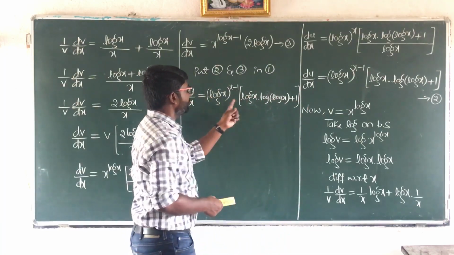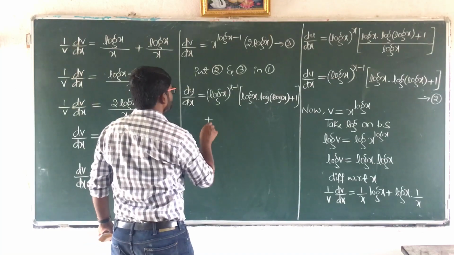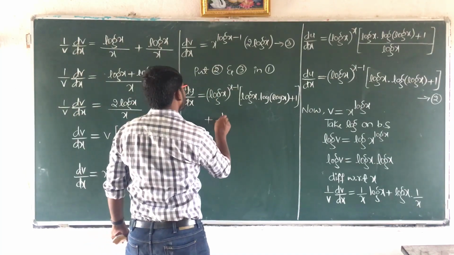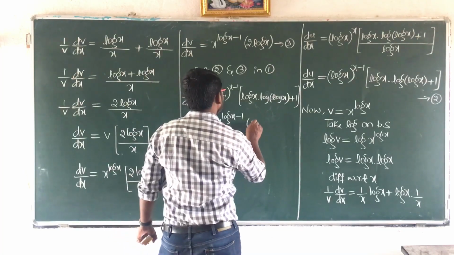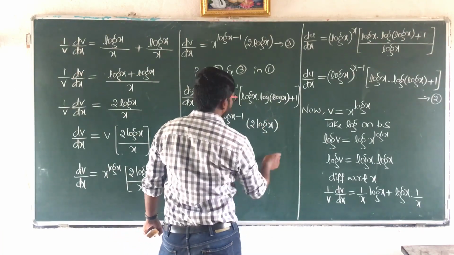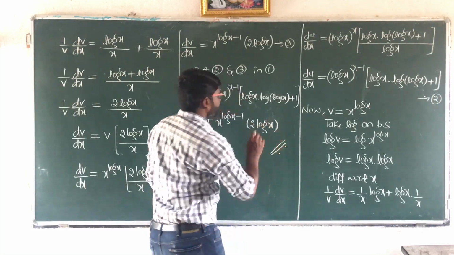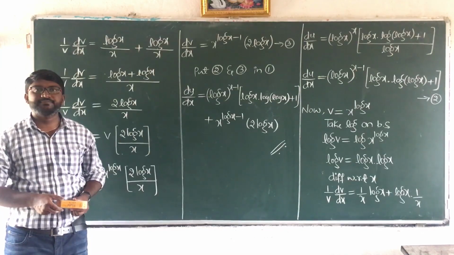So this is du by dx, plus dv by dx, plus this term x to the power log x minus 1 into the bracket 2 times log x. So this is the final answer for the 7th problem. So pause the video to put it down.